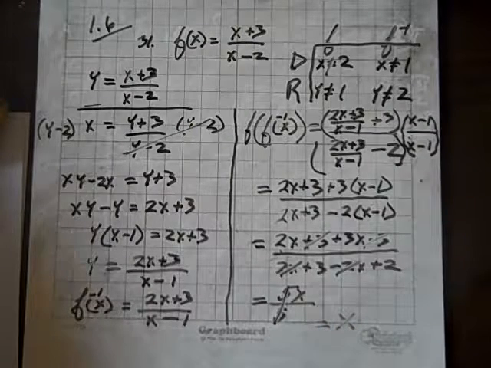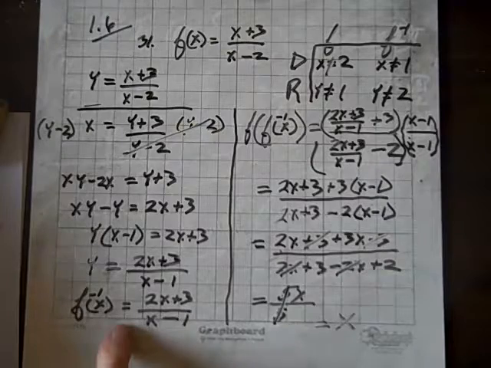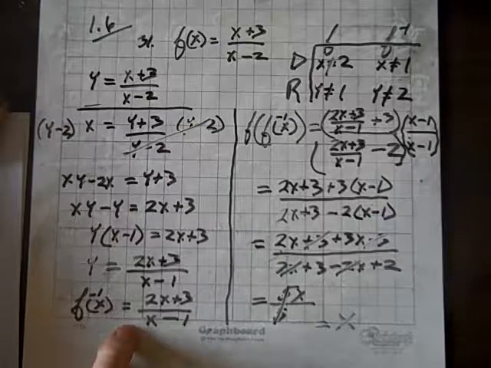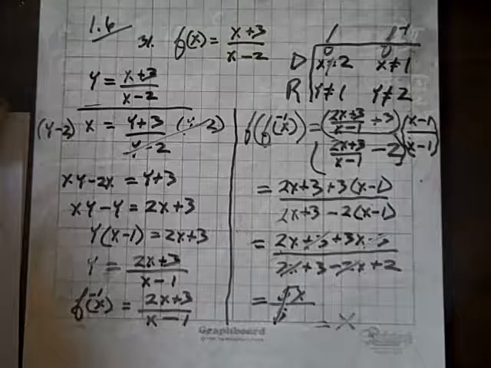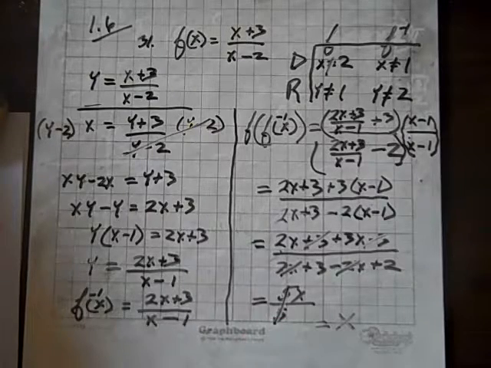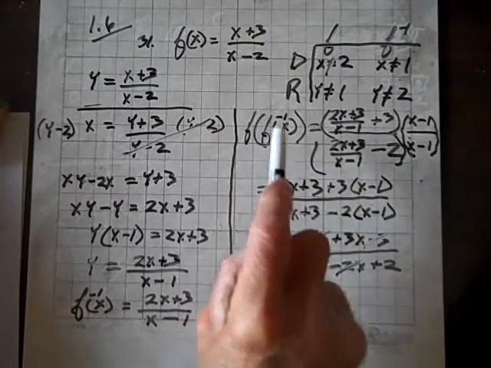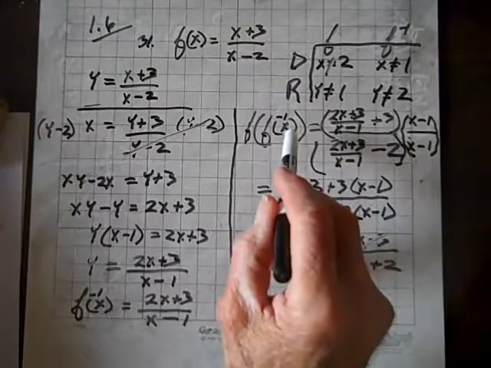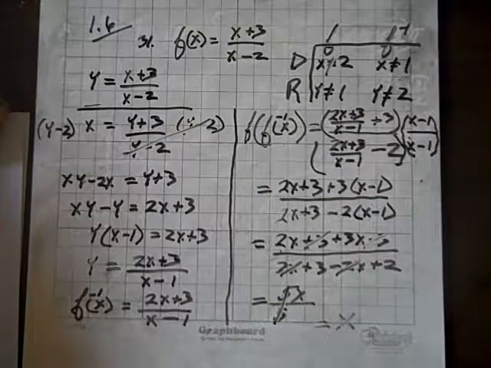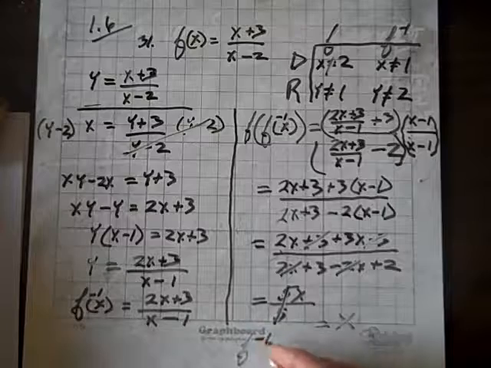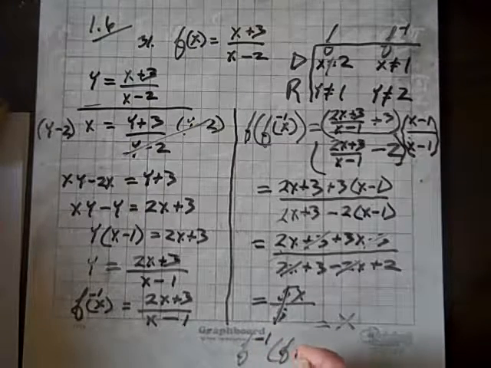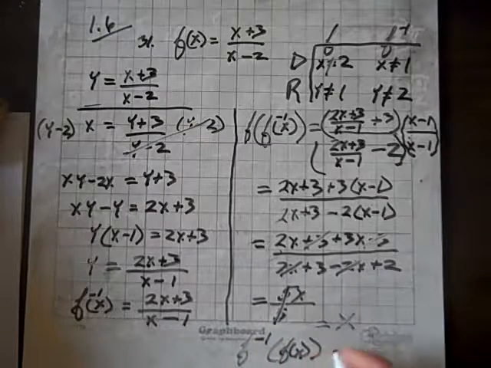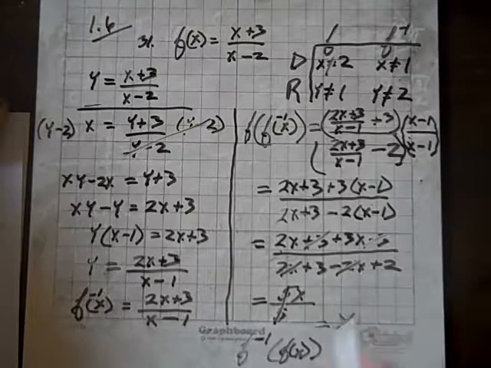So therefore we found the inverse. This is correct. Now, I challenge you to find the composite of f inverse of f, and make sure you also get x. So you're going to find the composite of f inverse of f of x, and verify that you do get an x back.